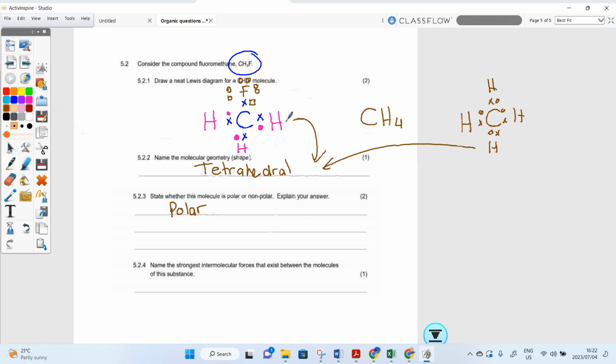It's got negative dipoles pushing down. Exactly. Or you can just say asymmetrical arrangement. I was going to say there's more electrons on the top than the bottom. That's okay. The electrons are not evenly spread around your molecule.